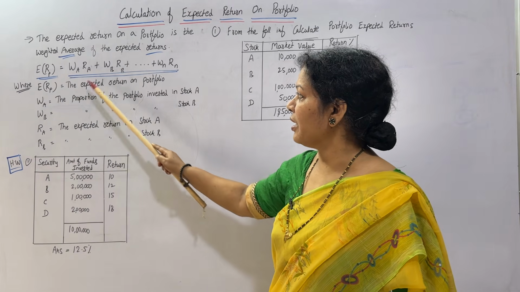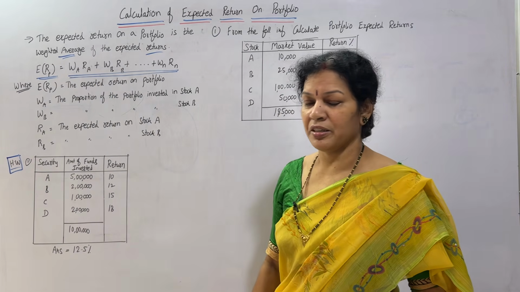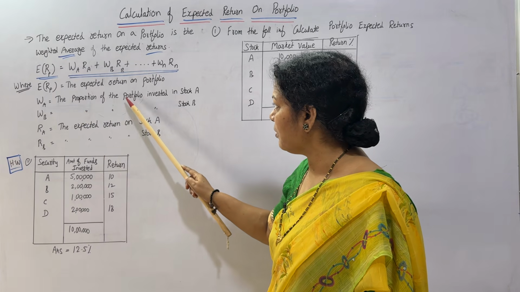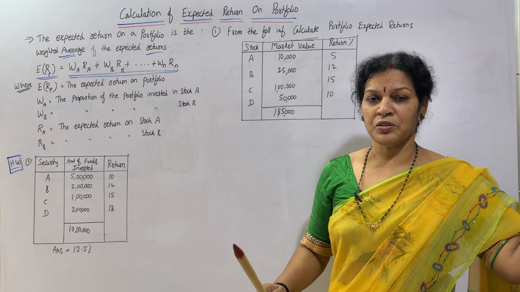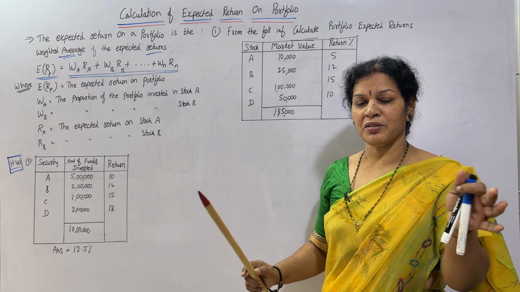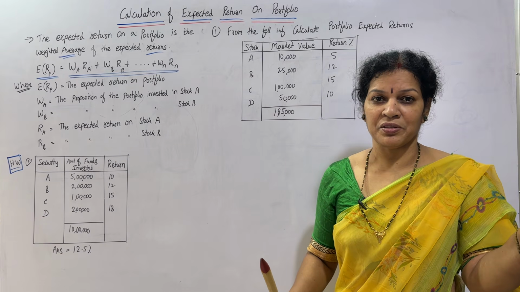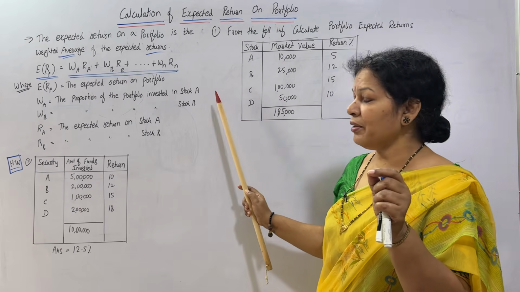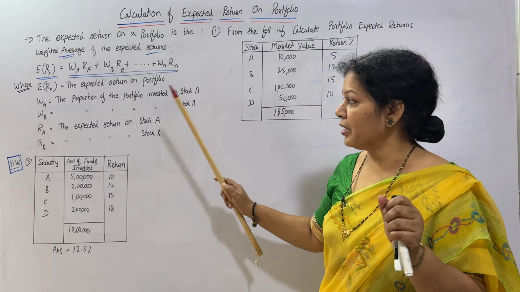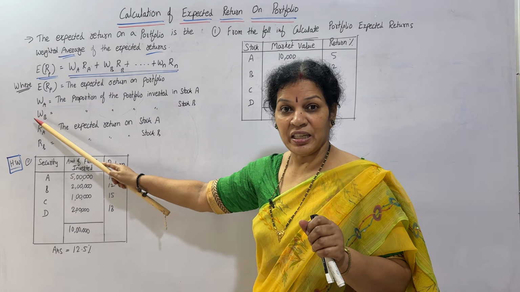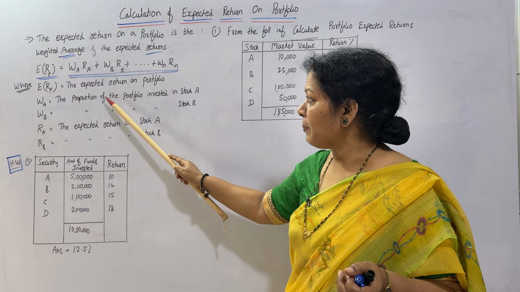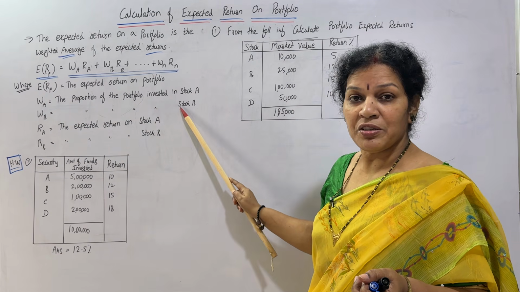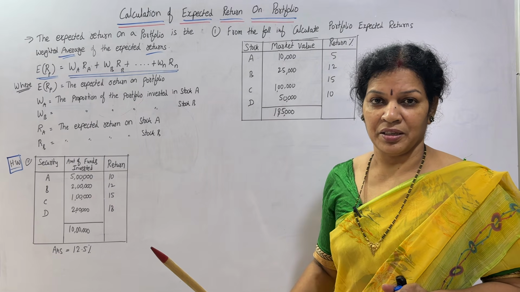Next, WA. WA means the proportion of the portfolio invested in stock A. We have invested in stock A, stock B, stock C, various stocks. So if you are calculating on stock A, we say WA. W means weight.